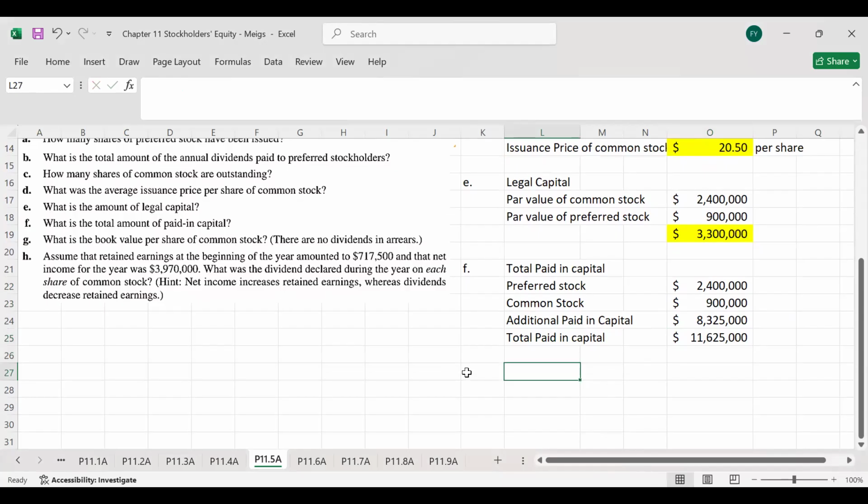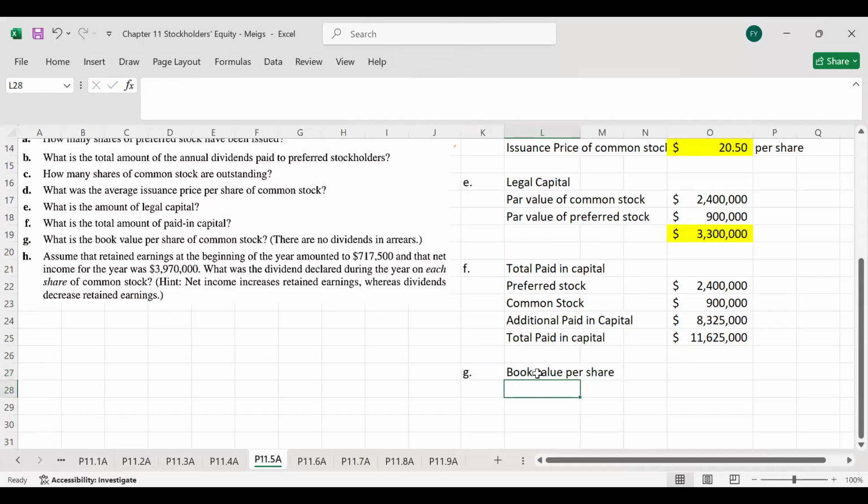The next requirement, requirement G, is about the book value per share of the common stockholder, and there are no dividends in arrears. In lectures 1 and 2 we calculated the book value per share, so now we are going to repeat that procedure.